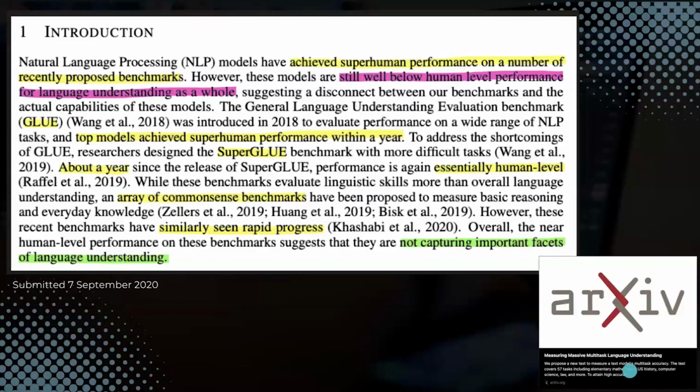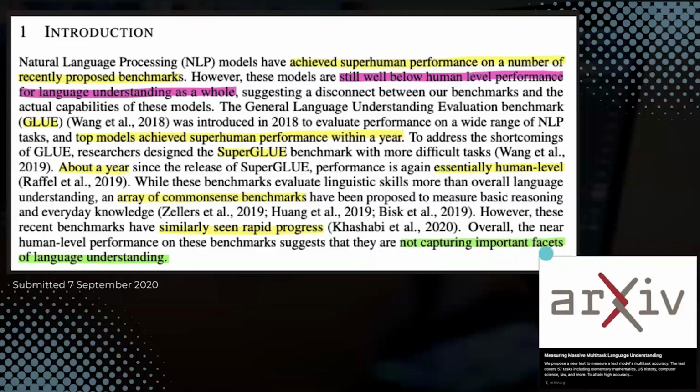This is a great paragraph, and it connects to last time when we talked about GLUE, the General Language Understanding Evaluation benchmark from 2018. Well, within a year, they crushed it. Then SuperGLUE, within a year, crushed it. And then more benchmarks crushing them.